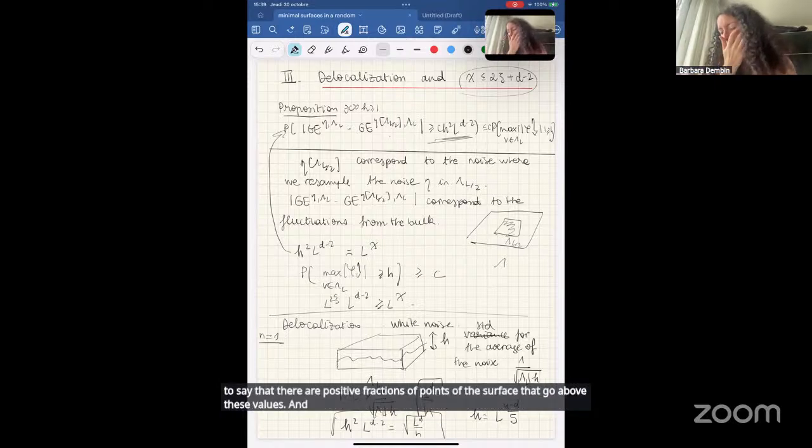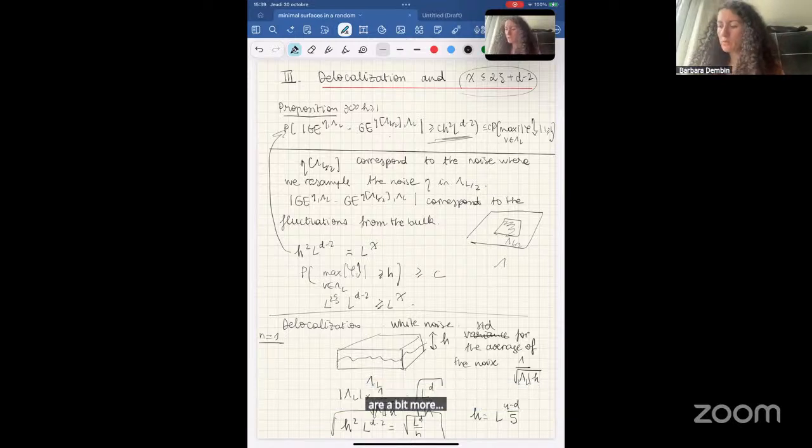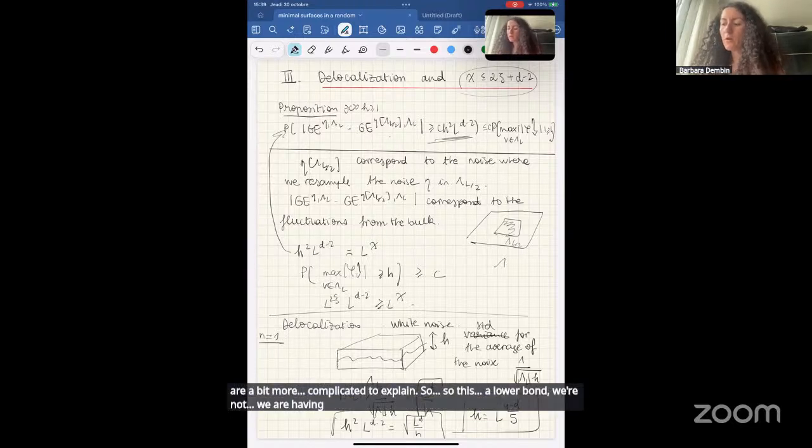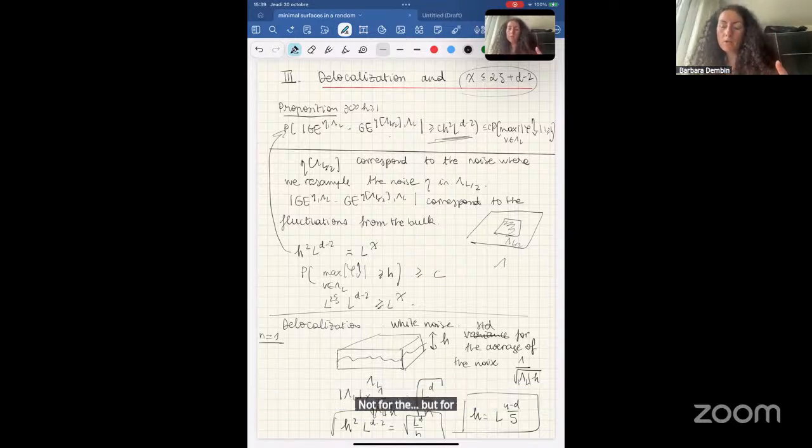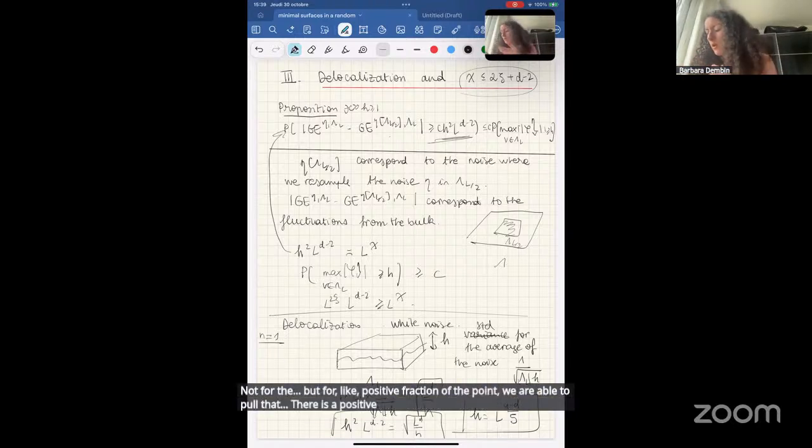And this is a result that we were able to get, but the proofs are a bit more complicated to explain. So this lower bound, we have it not for one point, but for a positive fraction of the points, we are able to prove that there is a positive fraction of the points that go above this height.